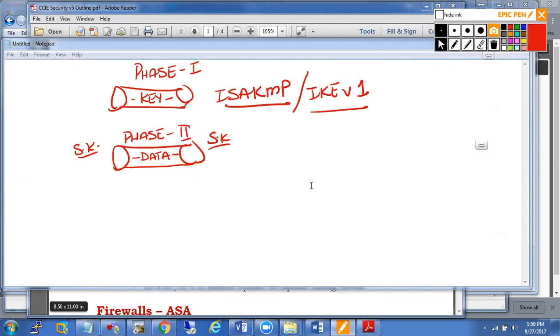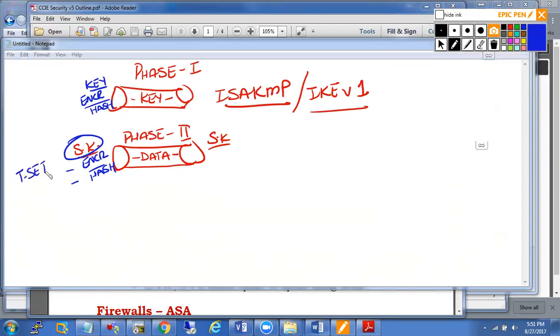All right. What we're going to be doing over here is trying to focus on the key that we used for encryption of my first tunnel. Do you remember every tunnel that you had set up required a key, an encryption mechanism, and a hash mechanism? Both these tunnels required a key, encryption, and a hash. Well, for the second tunnel, the session key was derived and exchanged in phase one. The encryption and hash had to be specified in your transform set. Good? Clear.